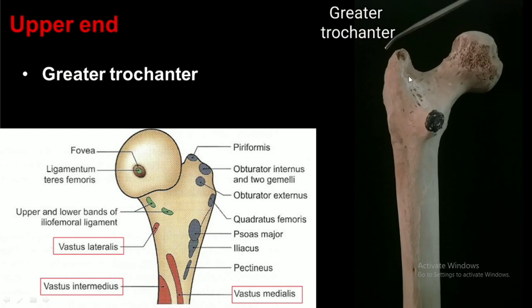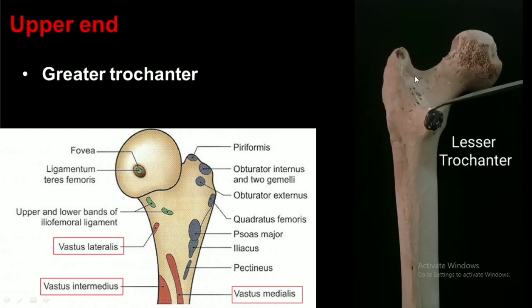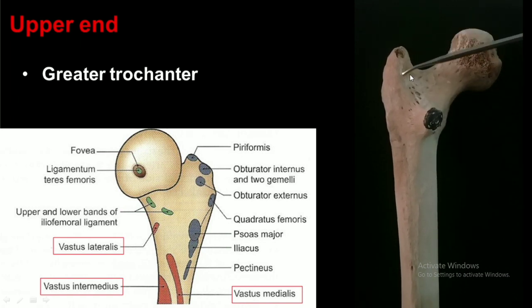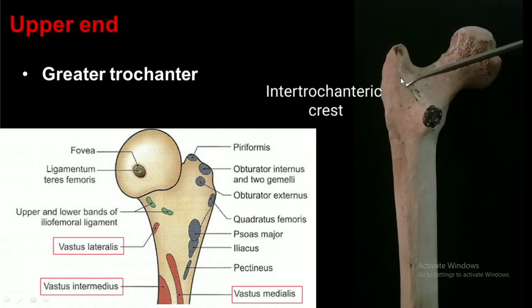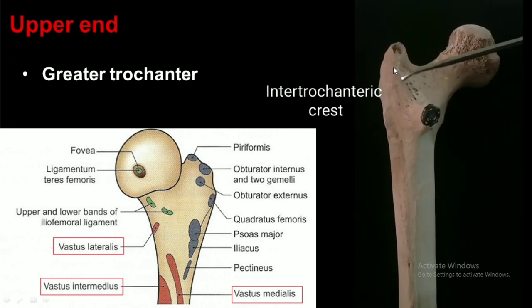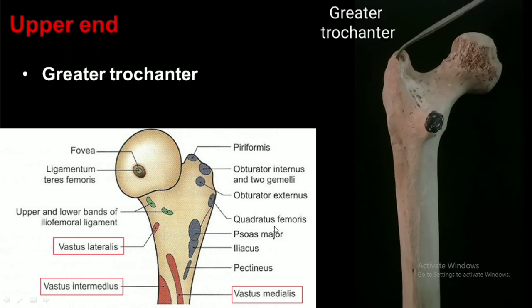Here obturator externus in the trochanteric fossa. Okay, here also there is one tubercle, that is called the quadrate tubercle, and in the quadrate tubercle quadratus femoris muscle is inserted.